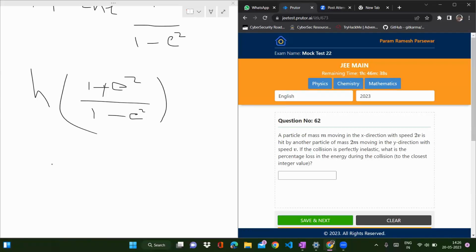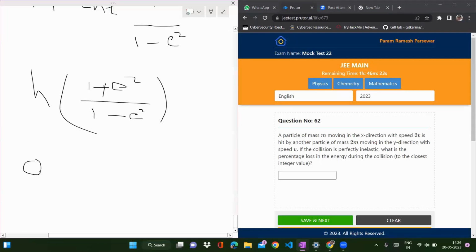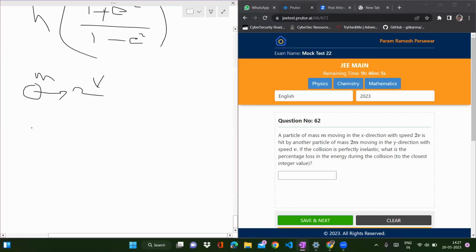So firstly we will have m, which is going in the x direction with speed 2v, and here is 2m, which is going up in the y direction with a speed v. So the collision will occur, and we will need to just conserve the momentum in the x direction and y direction. As we know, for collision, the momentum is conserved.